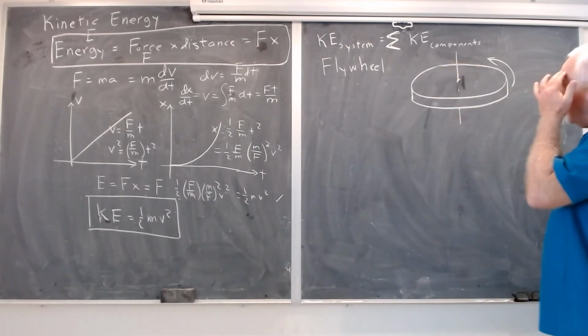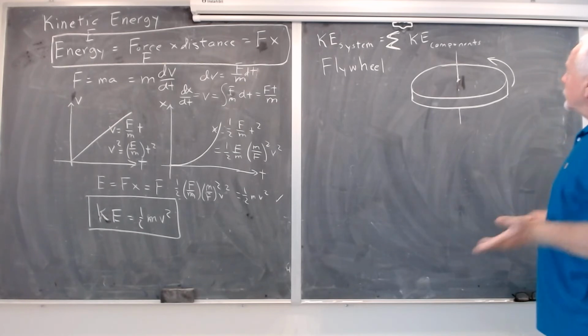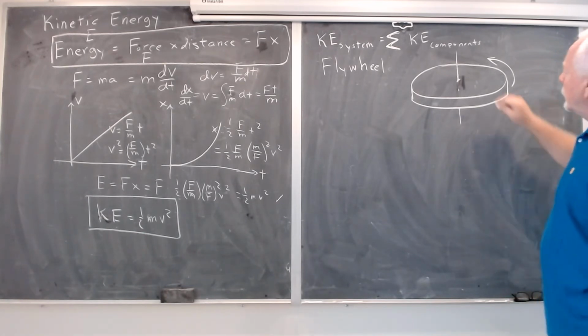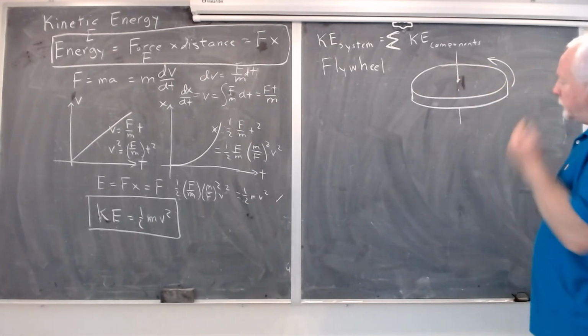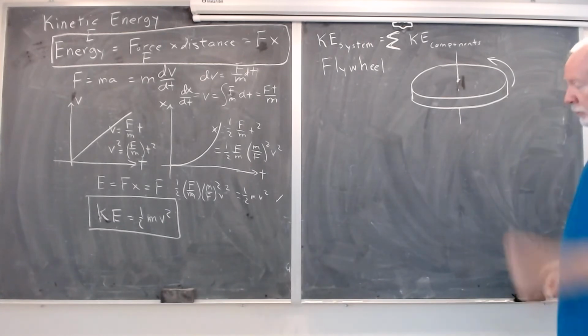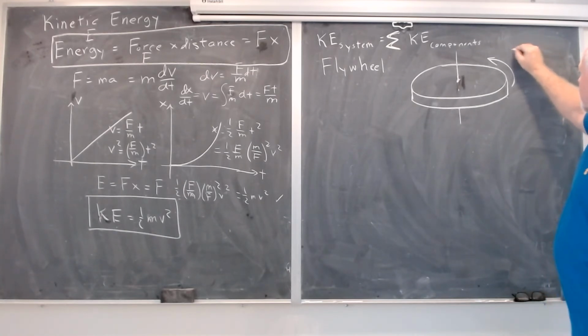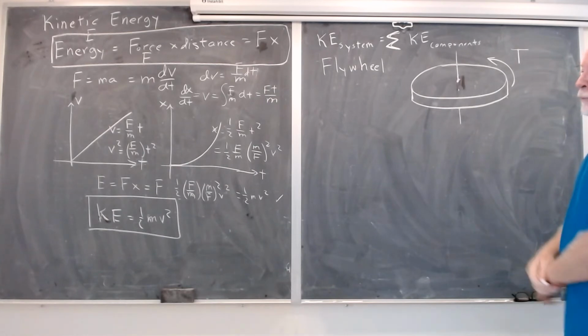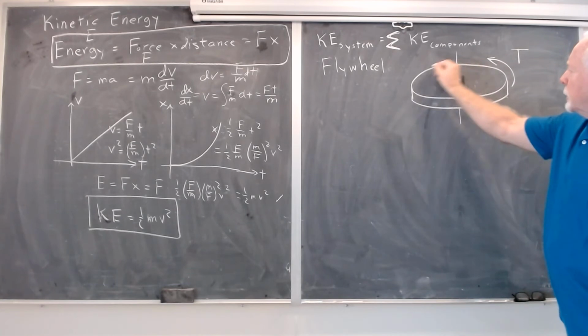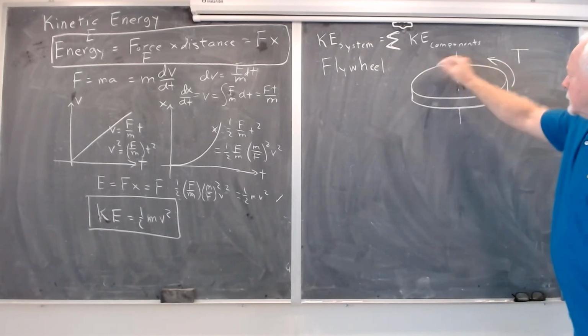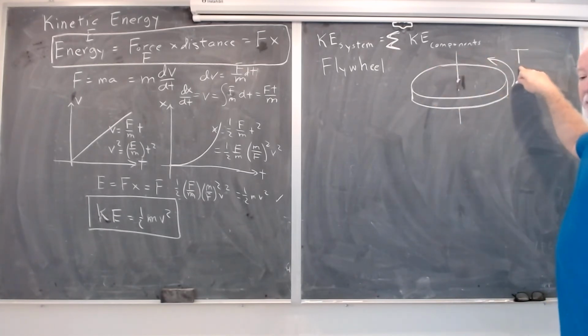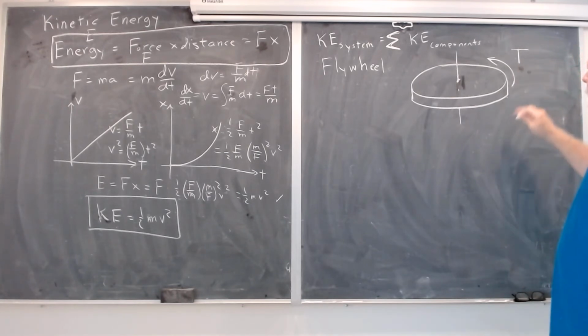So, how do we do this? Well, okay, so the first thing that you have to do is quantify how fast it's spinning. And the easiest way to do that is to assume it's spinning with a revolution time T, which means that basically it goes around in one cycle in a time T. Okay, so that's the first thing we're going to do.